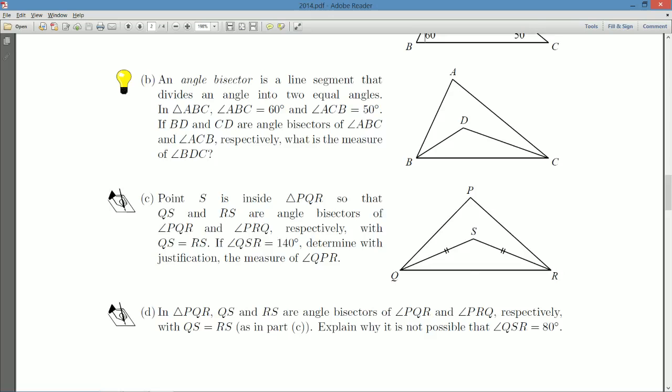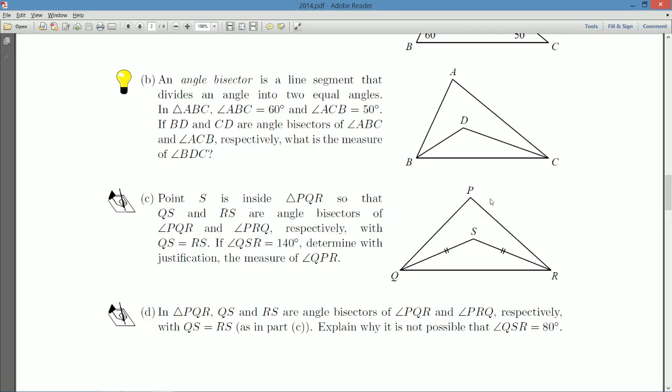And QS is equal to RS. So these two lengths, as we have denoted in the diagram for us, these lengths are equal. Okay. If angle QSR is 140 degrees, determine, with justification, the measure of angle QPR.